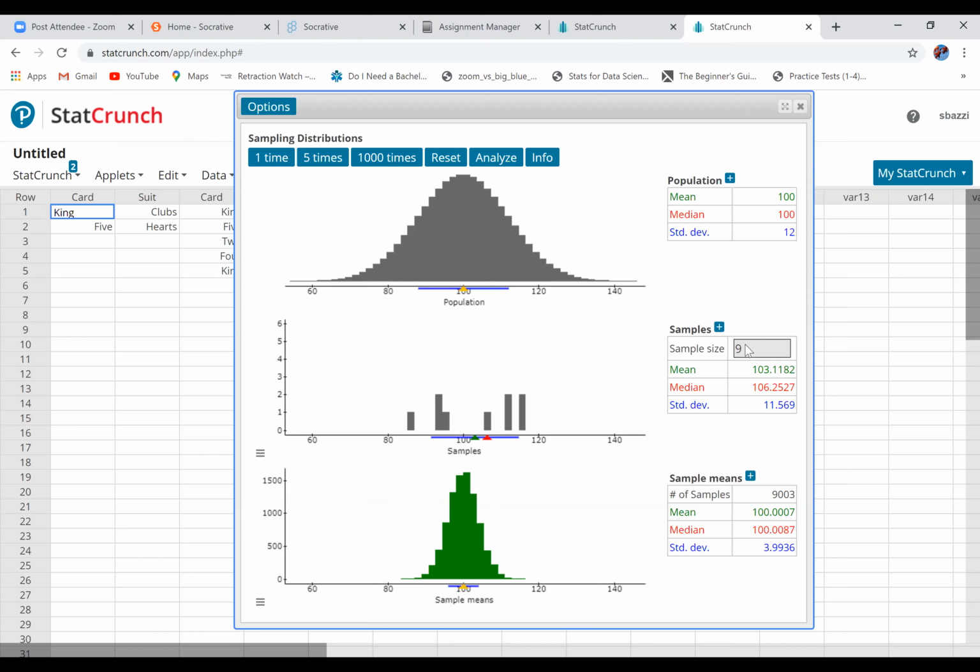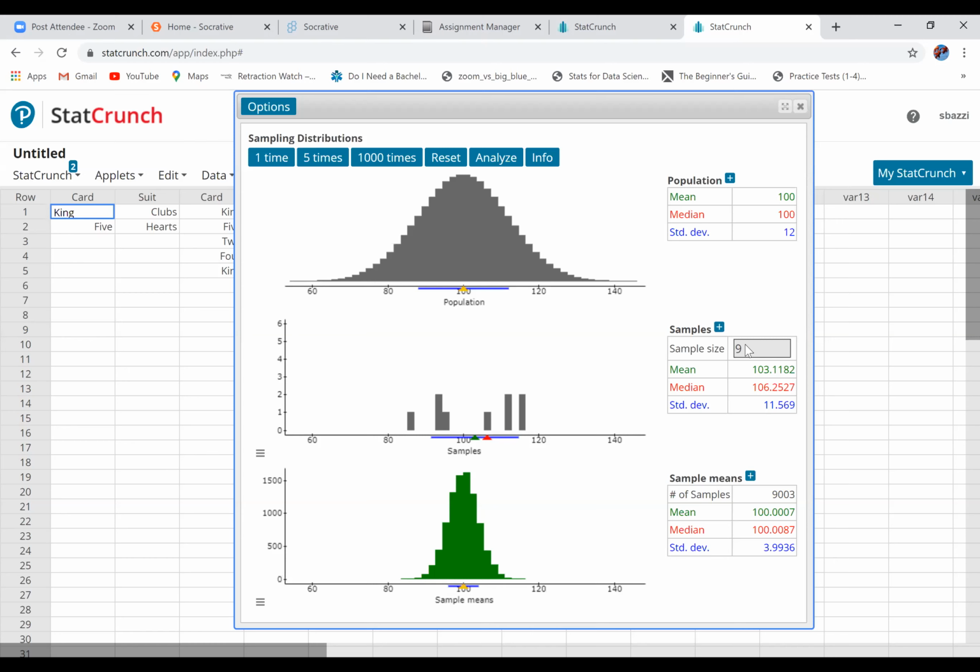Now you might tell me it's 100.0007, but eventually it's going to flatten out and balance to 100. Now, do you agree with me that the green curve has a smaller standard deviation than the black curve? The answer is yes, you should agree. Why? Because look at the data, it's more widely spread in the original population than the green one. The green one is narrower.